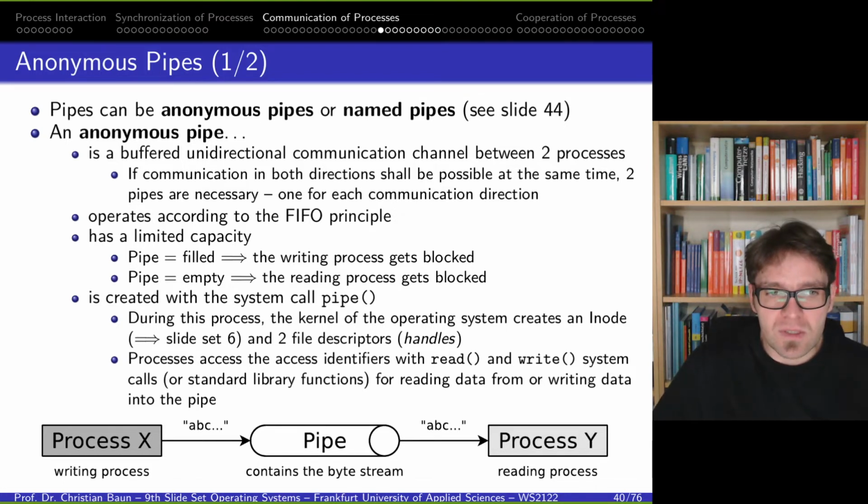Inserting data or reading data from the pipe is just done with read and write system calls or library functions in the same way as accessing any data in files is done. So it's basically like working with a file.